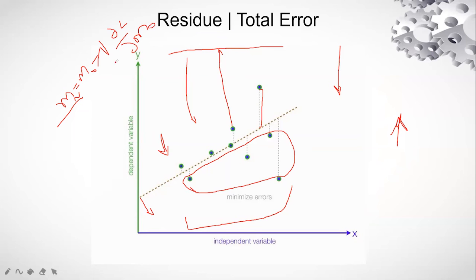Once you get the value and subtract it from the old m, you get the new m, and this new m is implemented every single time. We keep finding a new m, and keep moving forward. The line keeps moving, and we get the best fit line location.